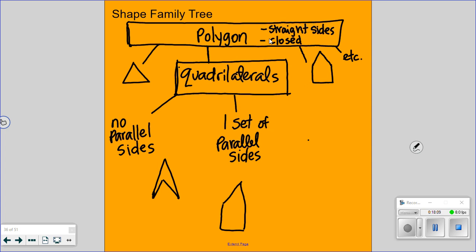Right next to Cole's. Yeah, with the diagonal sides. Very good. Go ahead and draw both typical versions next to one set of parallel lines.